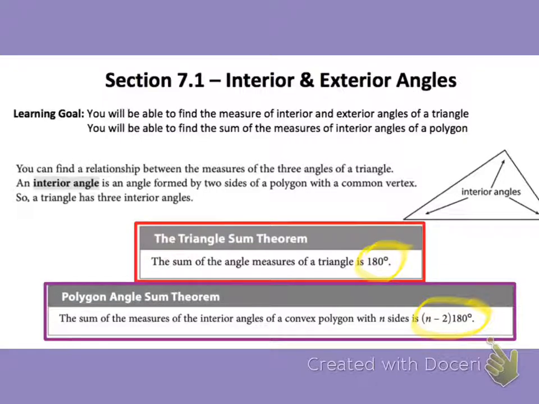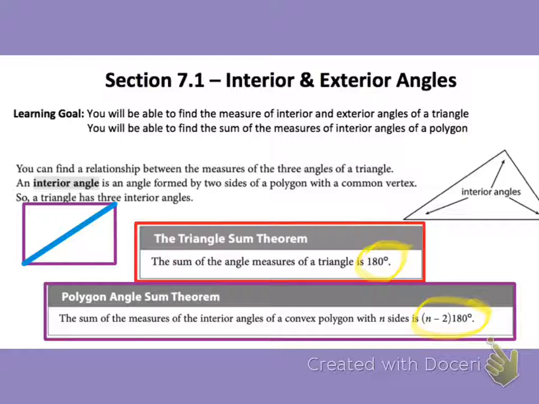Let me just give you a little example. So say I drew a rectangle, which actually I just did, but here's another one. And let's say I drew in one of the diagonals. Now a diagonal is a segment that goes from one vertex to a vertex on the opposite side. So right here there's a diagonal.